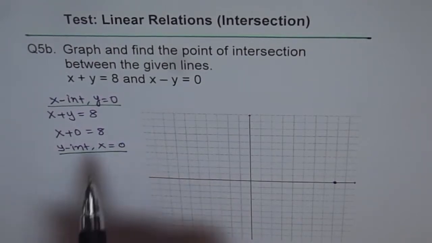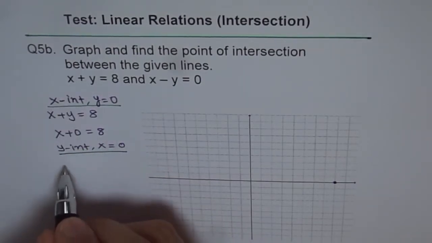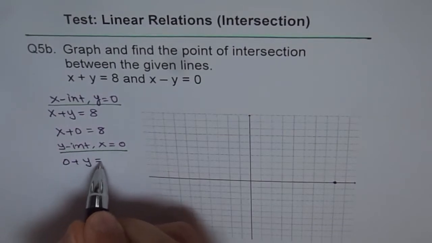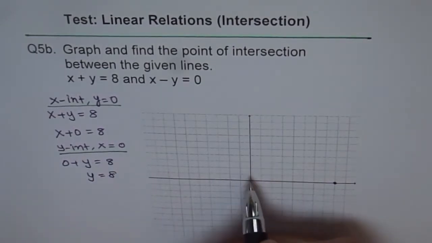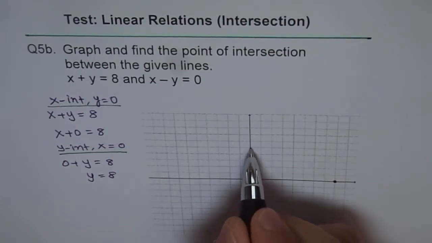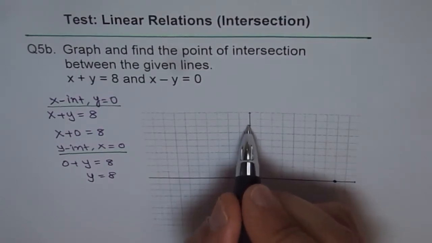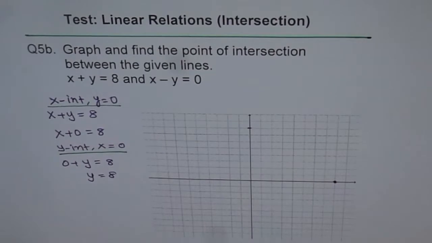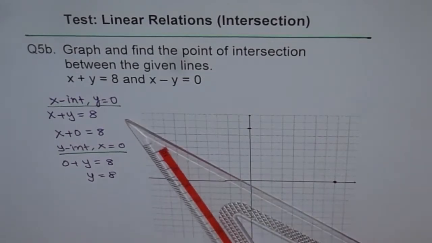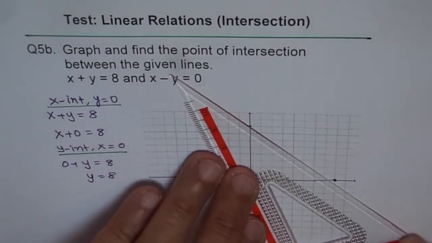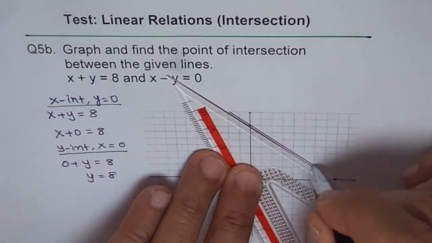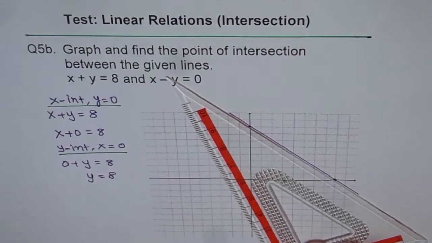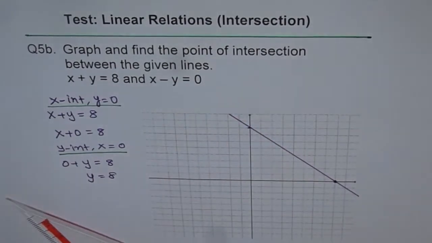So if I put x equals 0 in this equation, I get 0 plus y equals 8, and therefore y is equal to 8. So I get 1, 2, 3, 4, 5, 6, 7, 8. That's my y-intercept. Now I'll just join them to draw the line.